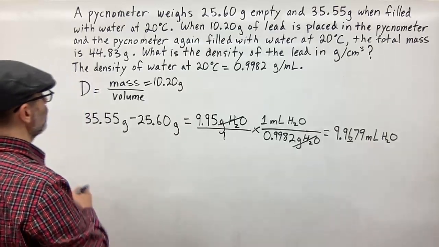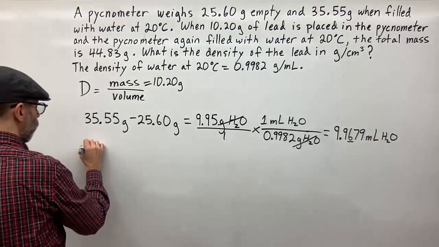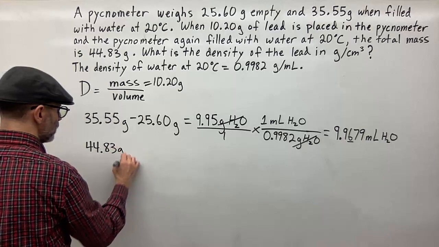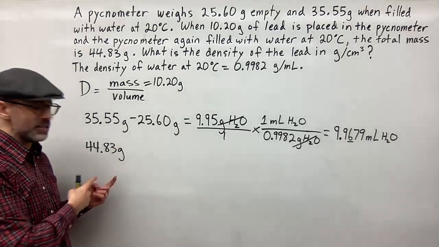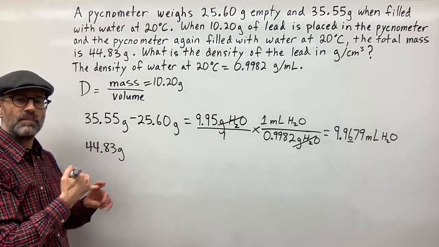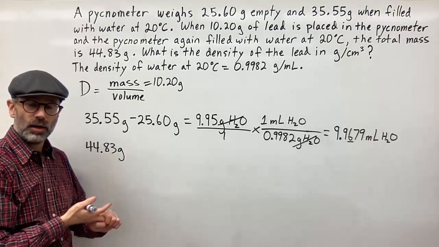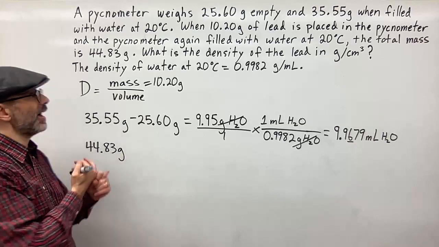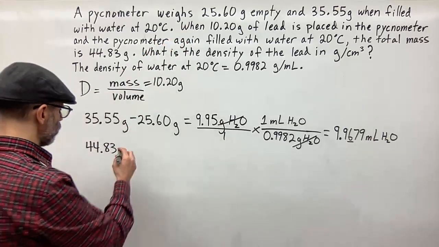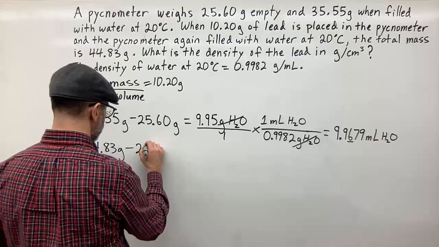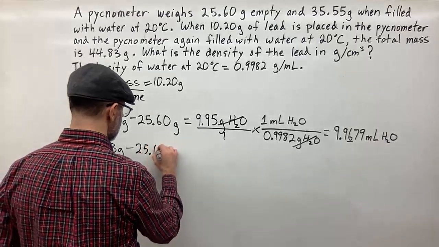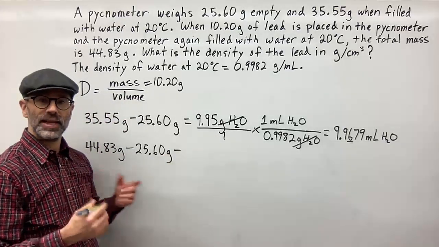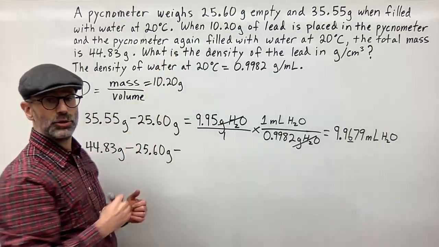So I can do that because I can take the 44.83 grams, and this is the empty pycnometer, the lead, and the water. I know what the mass of the empty pycnometer is, so I can subtract that. That's 25.60, so I'm going to subtract that, 25.60 grams. And I know the mass of the lead that's in the pycnometer, 10.20 grams.